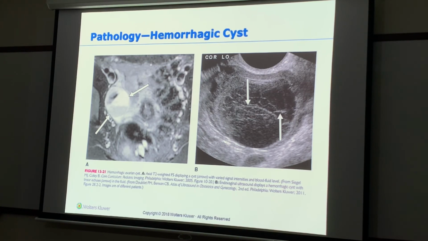Here is a hemorrhagic cyst. Is this hemorrhagic cyst brand new or is it old? It's old. It's already starting to break down. The red blood cells are already starting to necrose, and in return, it's building septations, because red blood cells are sticky.